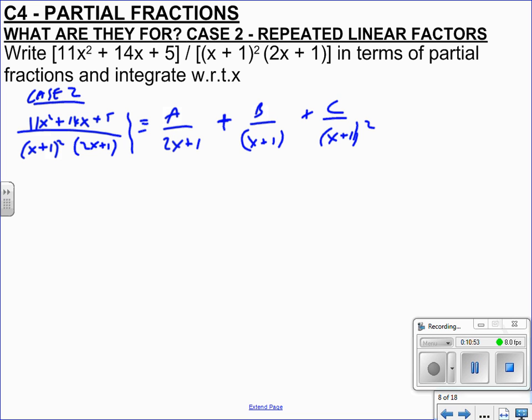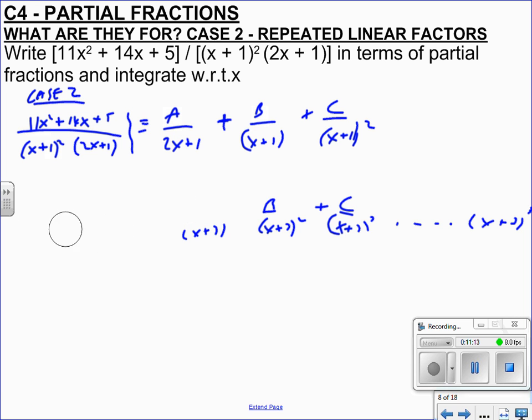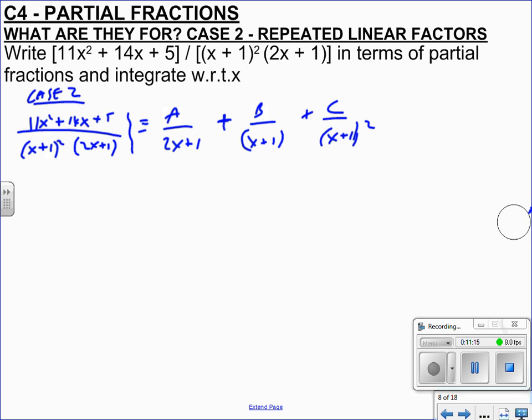So if it was over x plus 3 to the 5, we would need a over x plus 3 plus b over x plus 3 squared plus c over x plus 3 cubed, all the way up to x plus 3 to the 5. Do you see? It has to be split up in that way, otherwise it's impossible for you to generate that 11x squared plus 4x plus 5 on the top. It won't work.